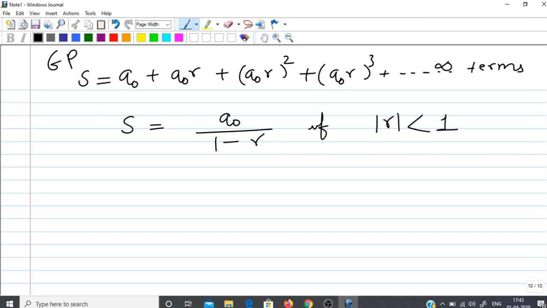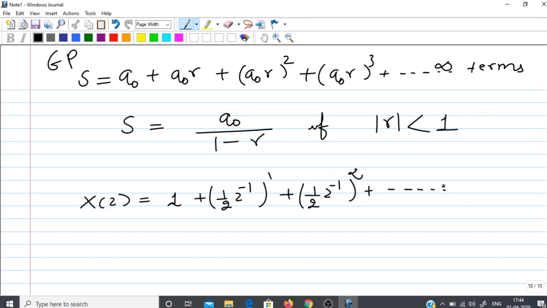So, here you are seeing what our X(z) is. X(z) is 1 plus half Z inverse to the power 1 plus half Z inverse squared, and so on. It's an infinite GP. So what would be this summation? What is our first term?